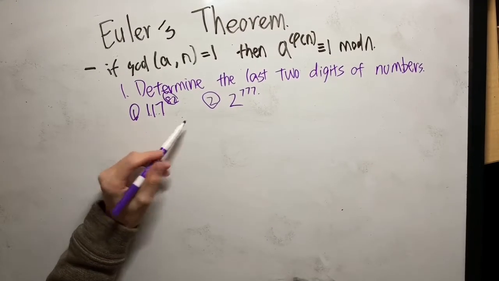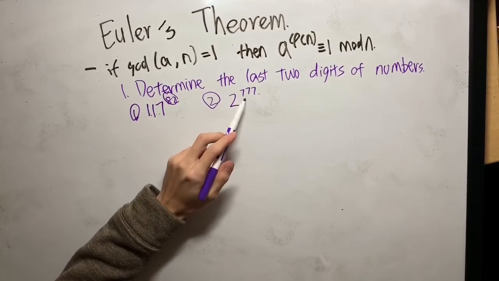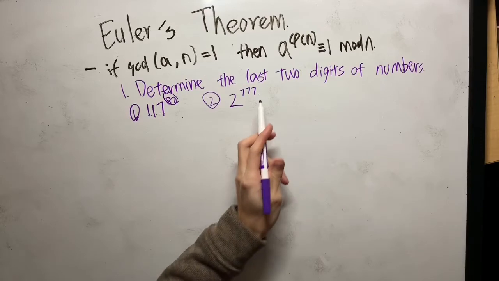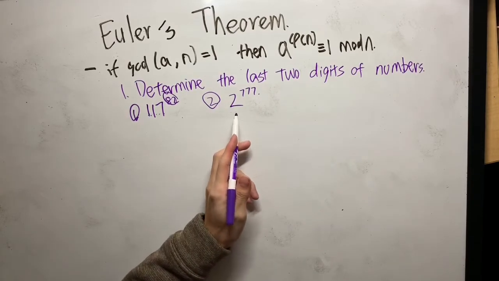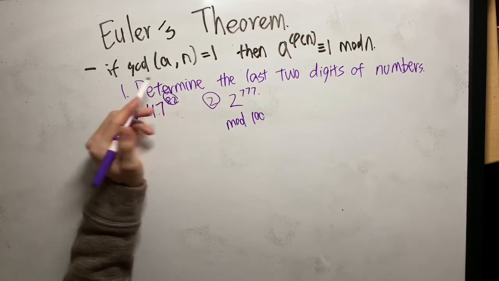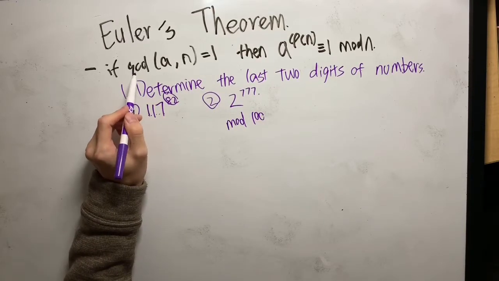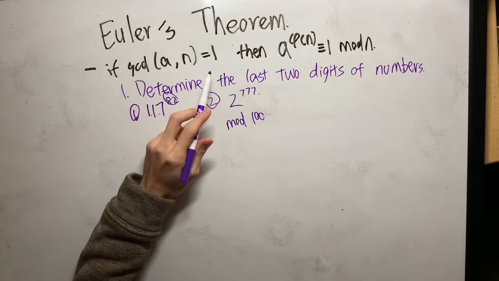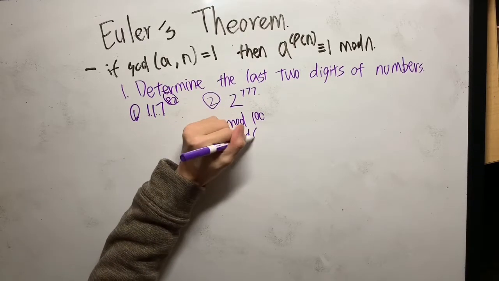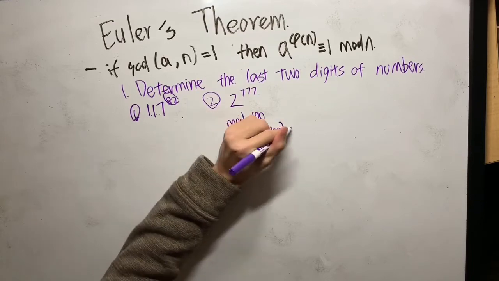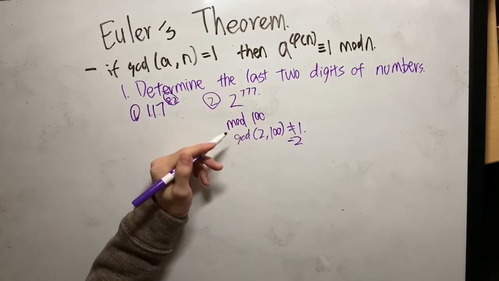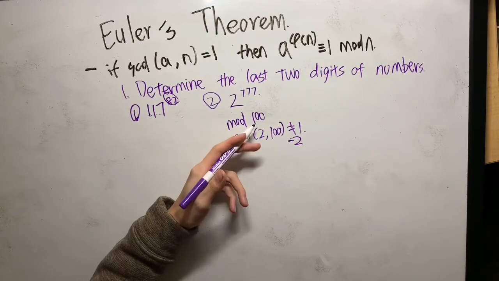For the next one, 2 to the power of 777. We are finding the last two digits of this number, so we are using mod 100. But Euler's theorem says that if the greatest common divisor of a and n equals 1, then we can use it. But the GCD of 2 and 100 does not equal 1, it equals 2, so we cannot use Euler's theorem on 100.